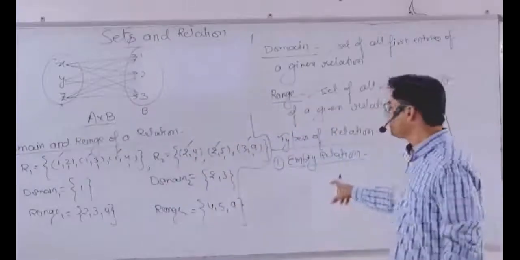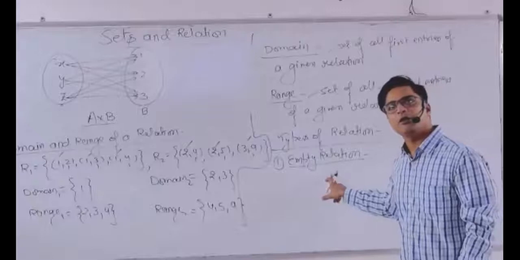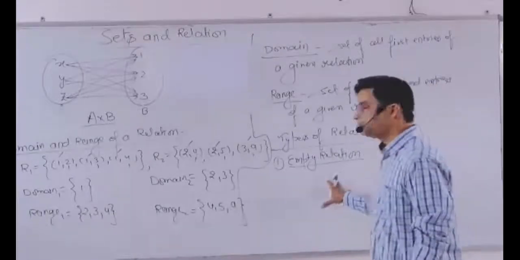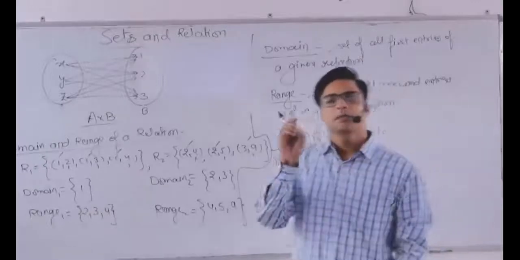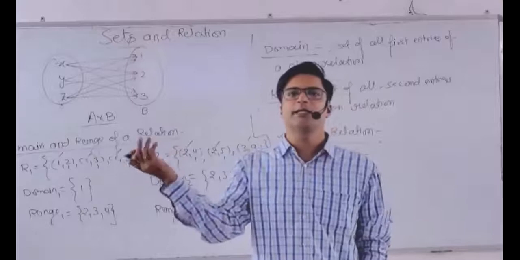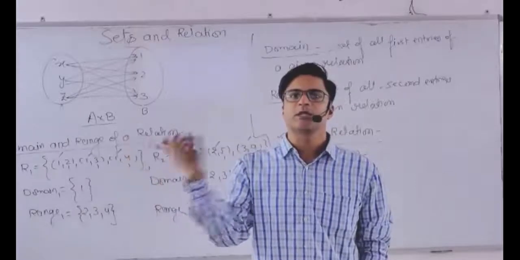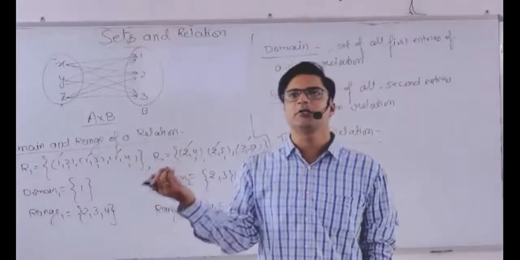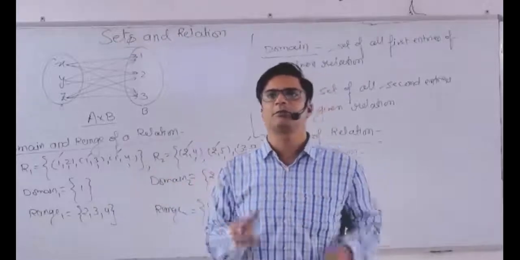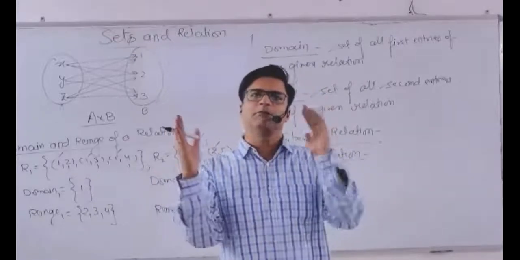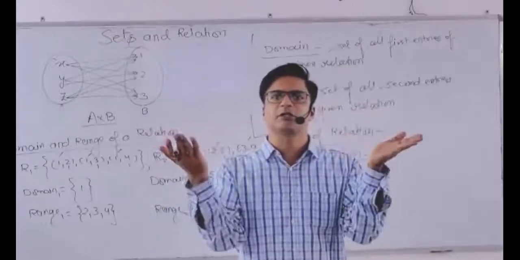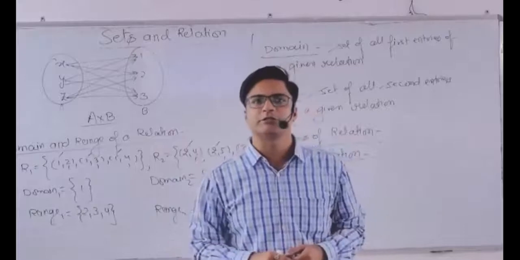So first of all, I am considering your null set. Null set means no element of set A is connected to any element of set B. That means there is no connection between any element of set A and any element of set B. So it is basically an empty relation.